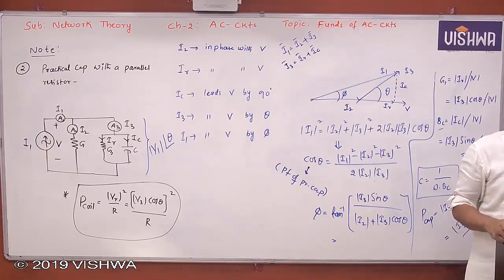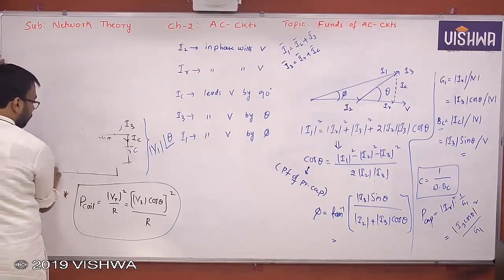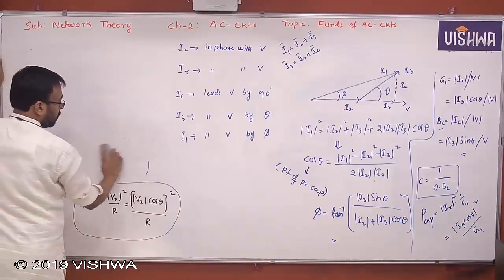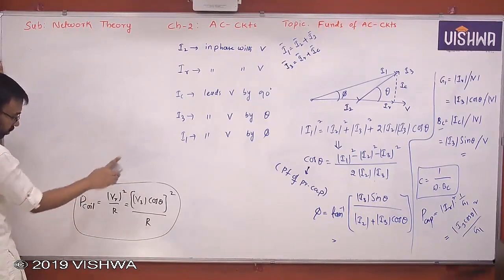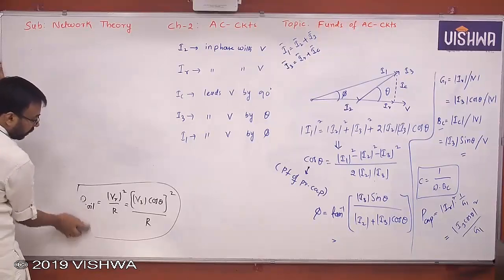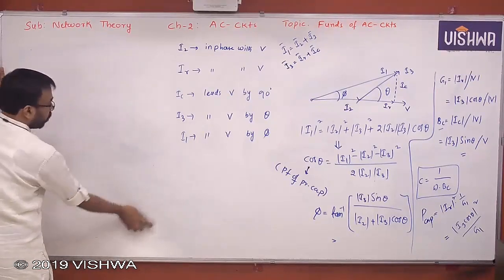We'll see some more also here. Hope you have written this also. In the case of the choke coil, please write this: the power consumed by the choke coil can also be determined.